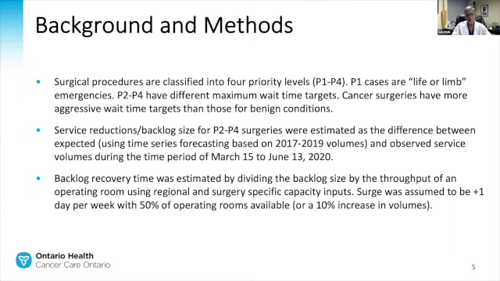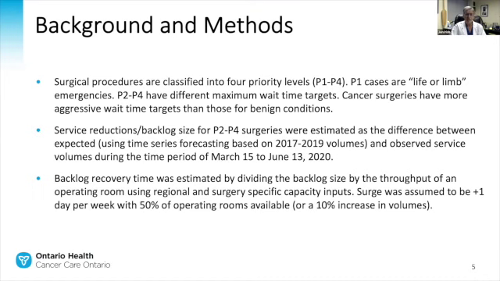The backlog time was then estimated by dividing the backlog size by the throughput of the operating room using regional and provincial data, so-called inputs. And then we assumed a surge of 1 day per week using 50% of the operating rooms available for an 8-hour period, which is about a 10% increase in volumes, just to demonstrate what it would take to clear the backlogs for administrators, surgeons, and surgical leaders.